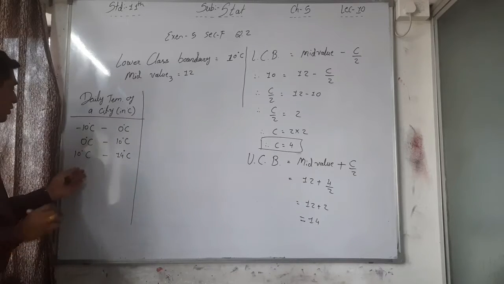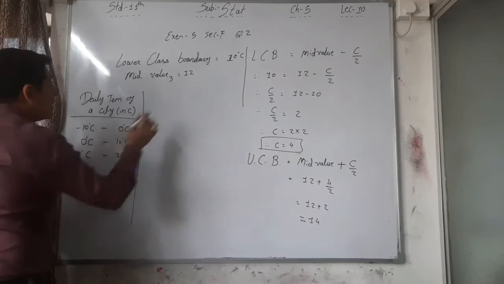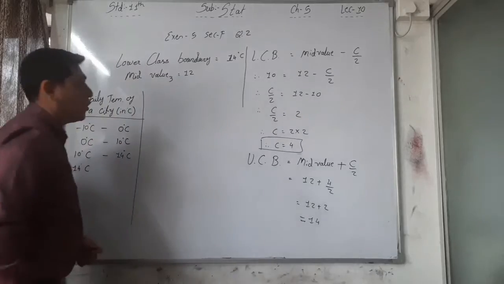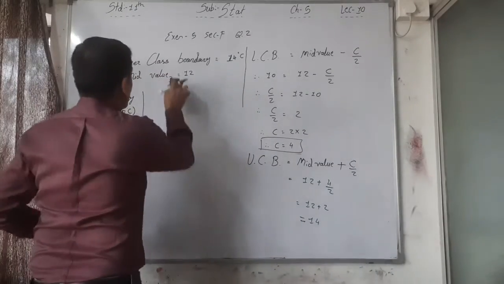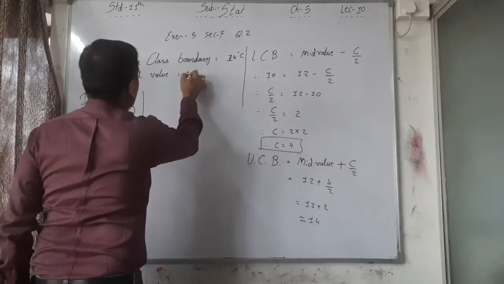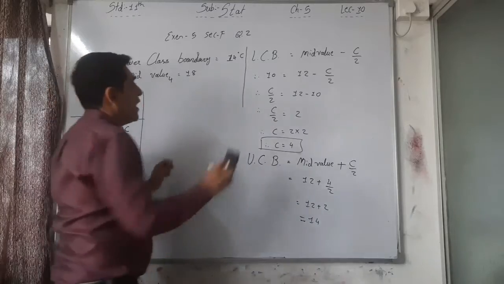Right? Now we can write here 14 Celsius is the next class lower class boundary. Next fourth class mid value is 18. Just follow this method, nothing else, nothing new is there.